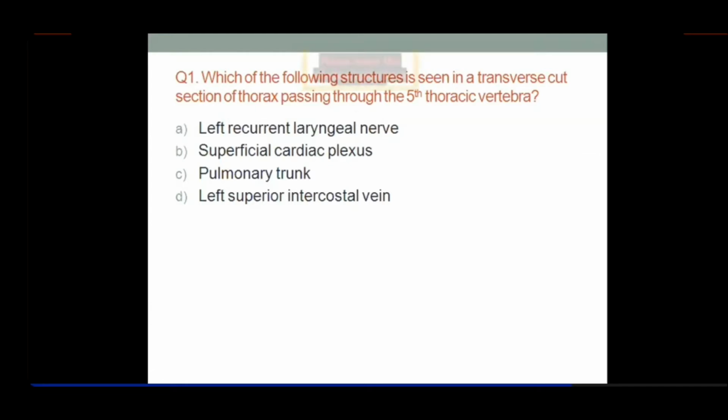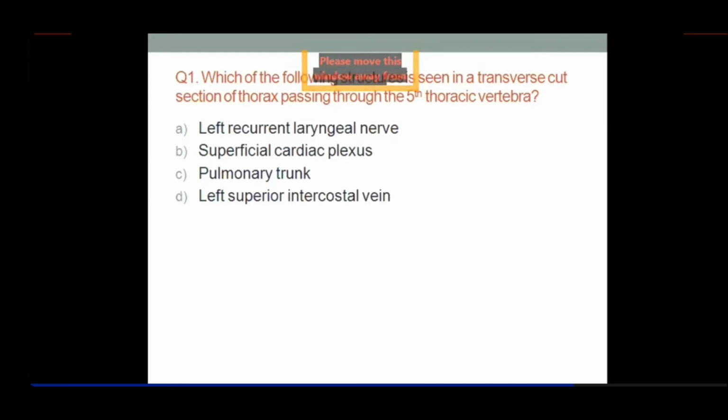The options are: left recurrent laryngeal nerve, superficial cardiac plexus, pulmonary trunk, left superior intercostal vein.